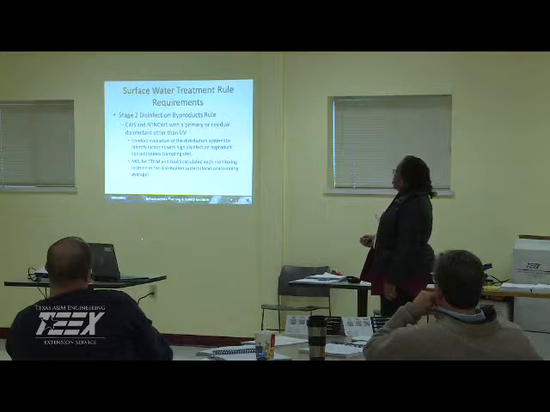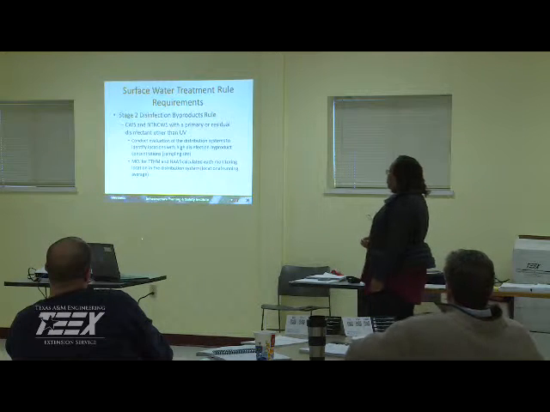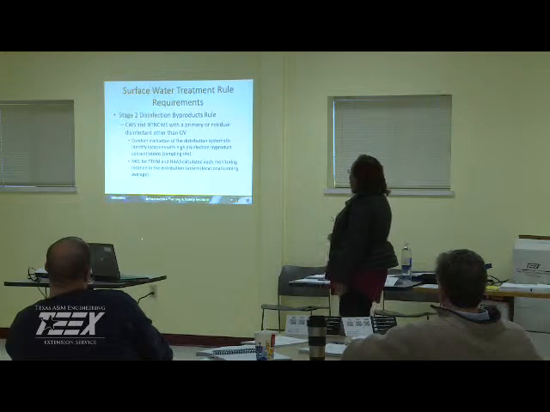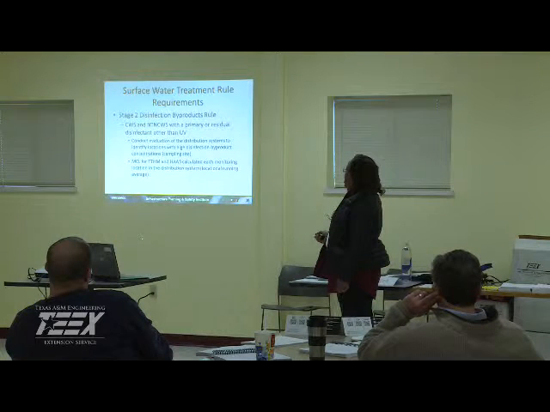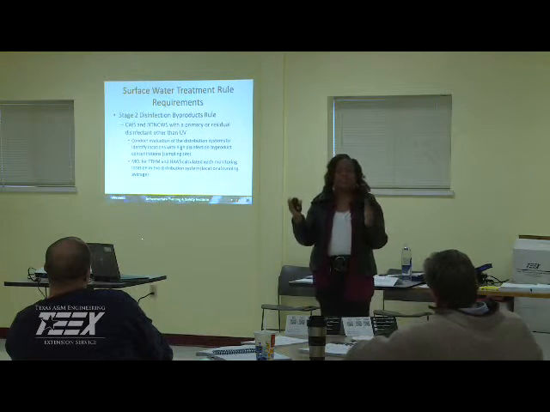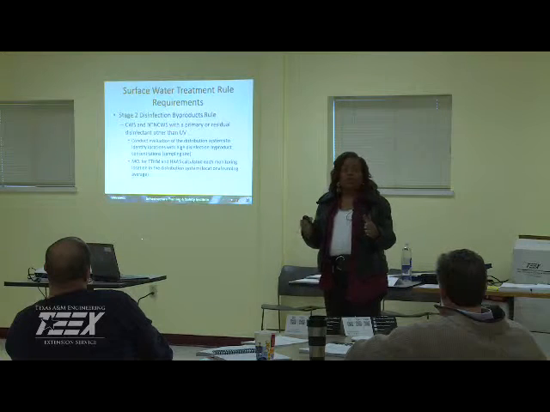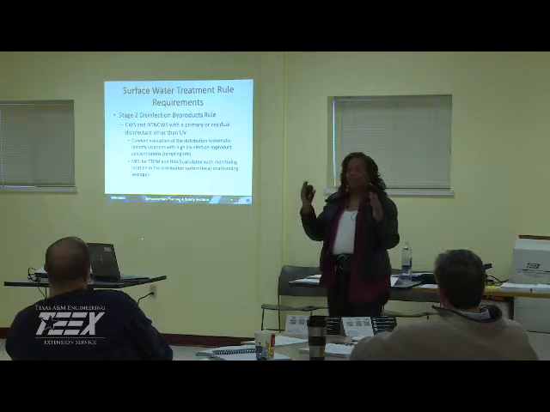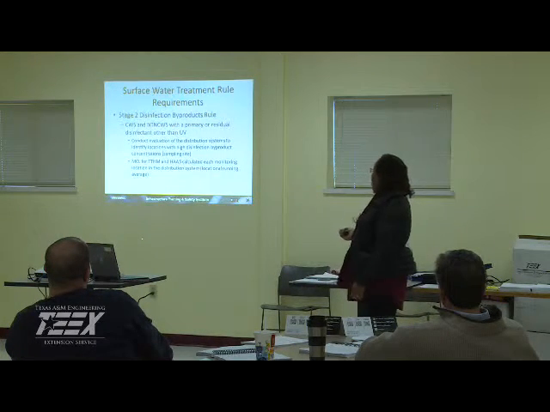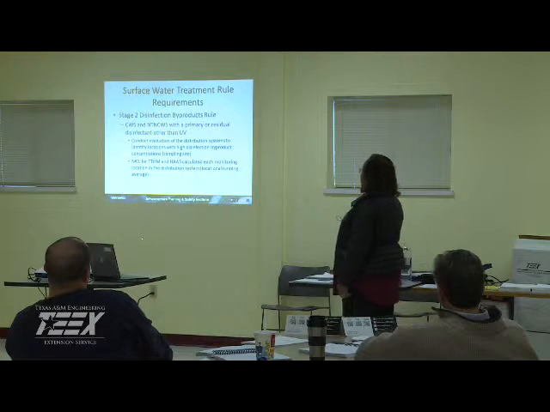Then you're going to monitor for your trihalomethanes and haloacetic acids, with MCLs calculated at each monitoring location in the distribution system. Because these are very site-specific, it's no longer the running average, but a locational running annual average that we're looking at.